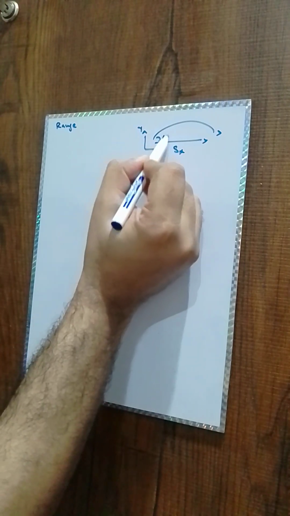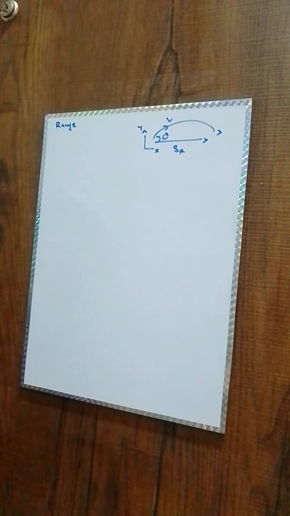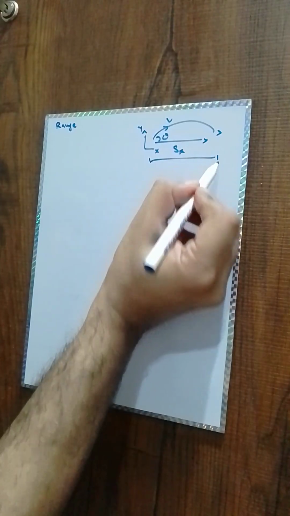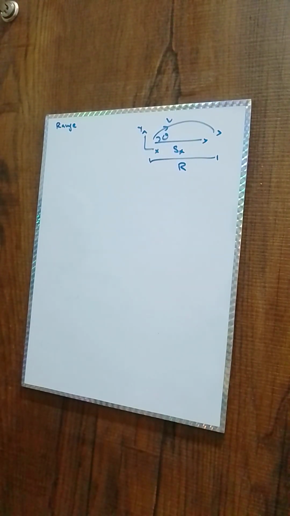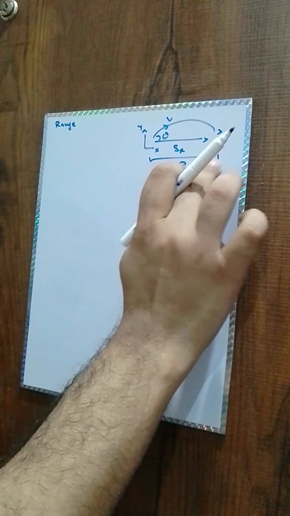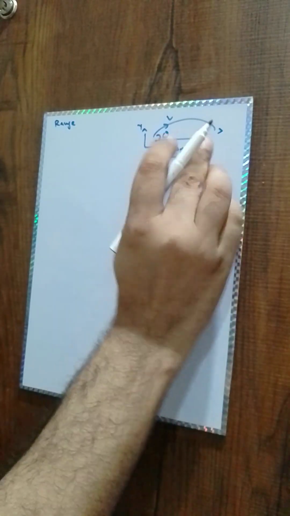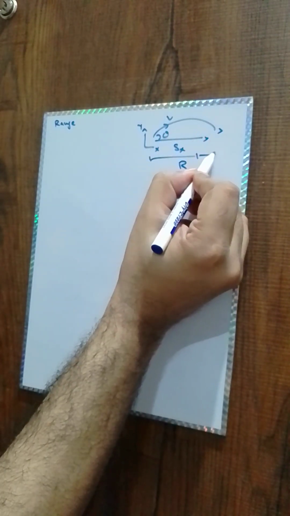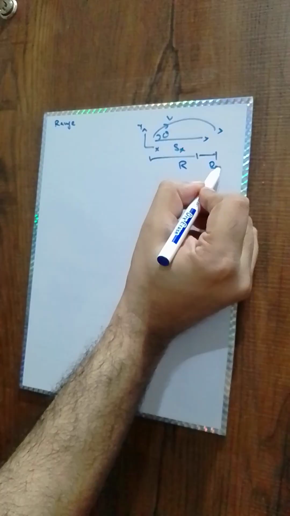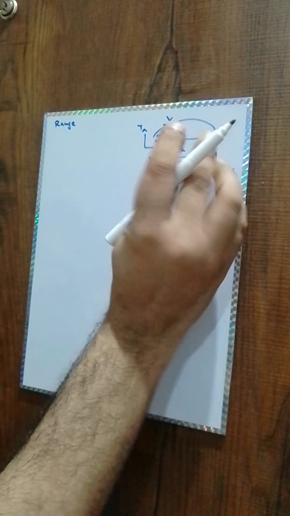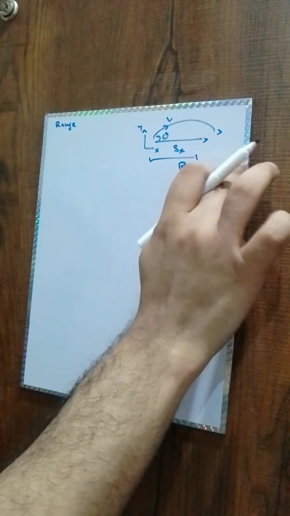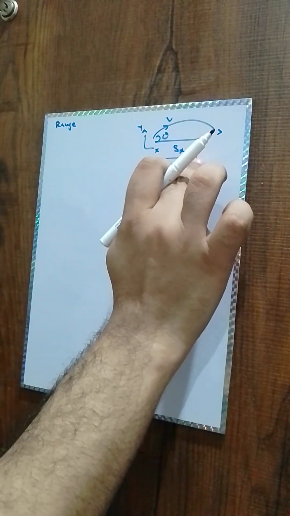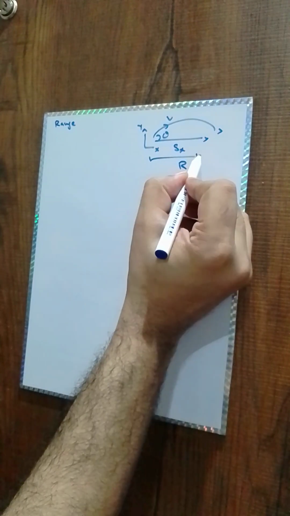It can be here, it can be somewhere in the middle, it can be r, and till the end it is r max, the maximum range, when the angle is optimal.